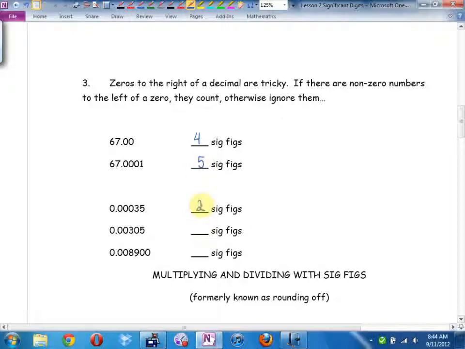Two sig figs. Three sig figs. Any guess here? 4 sig figs. Yep. And by the way, it's hard for me to give you an English rule. It's much easier for me to give you a bunch of examples, and then you'll go, oh, I see what he's getting at. Okay?